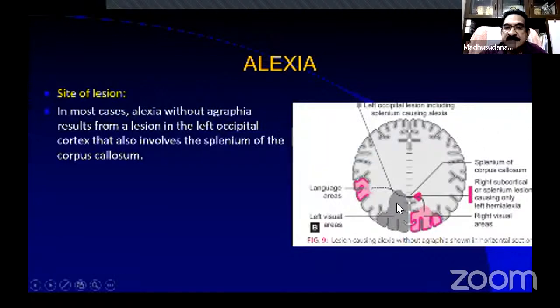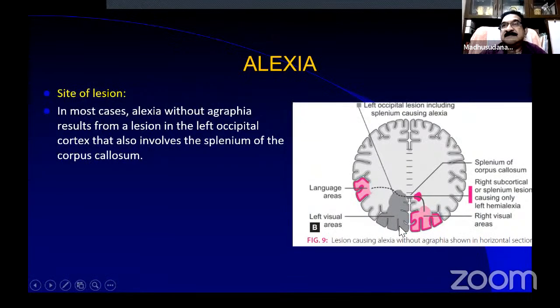suppose you find a lesion here, an infarct in the left occipital cortex, that normally produces right homonymous hemianopia. So the right side visual field is blind. So the visual information has to come only from the left sided visual field. That should go to the right occipital cortex. What is seen by the right occipital cortex should reach the visual word form area on the left side, the dominant language area on the dominant hemisphere.